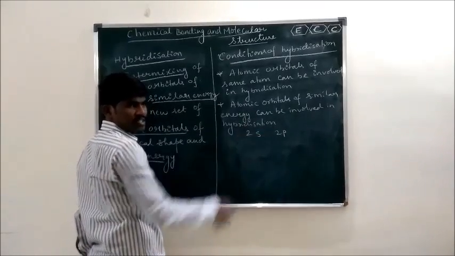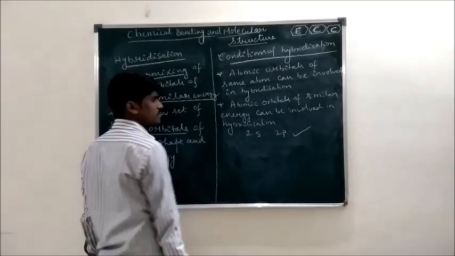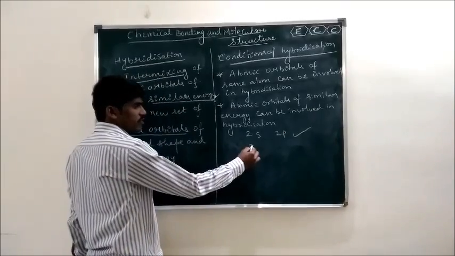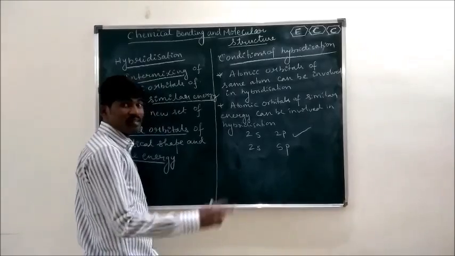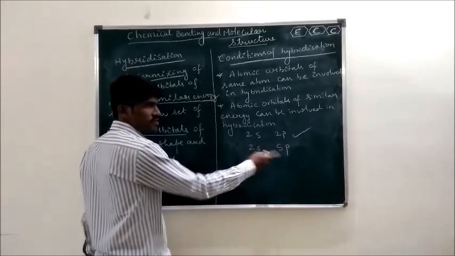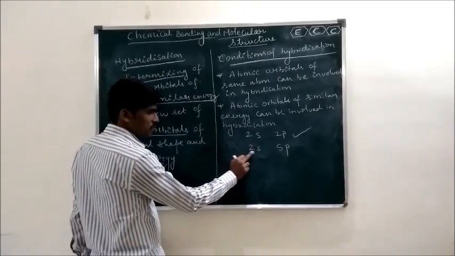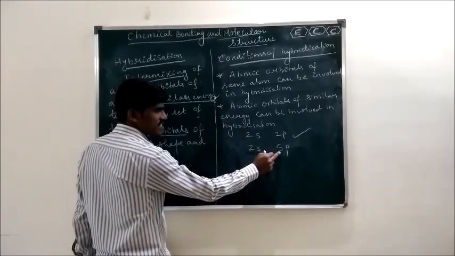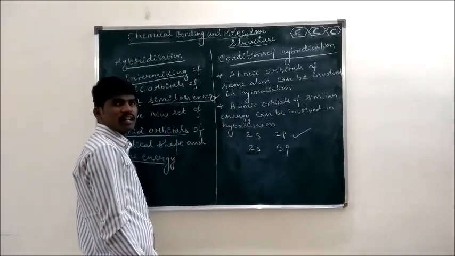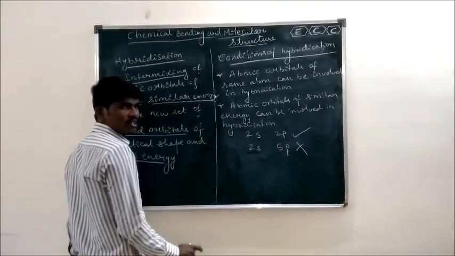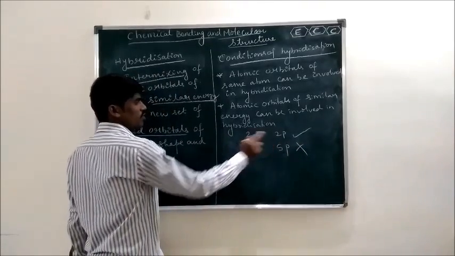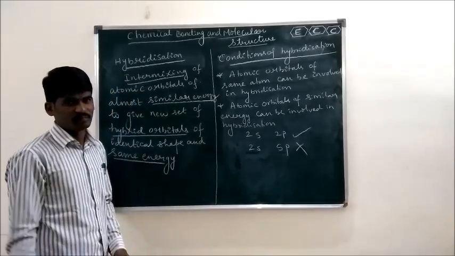If I try to intermix them, they will undergo hybridization. If I take 2s and try to intermix with the 5p atomic orbital, this is not possible. Why? Because the 2s atomic orbital energy is different from the 5p atomic orbital energy. So this intermixing is not possible. But the first one is possible because they possess almost similar energy.